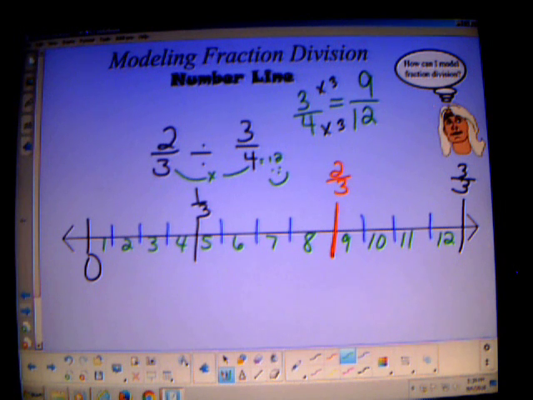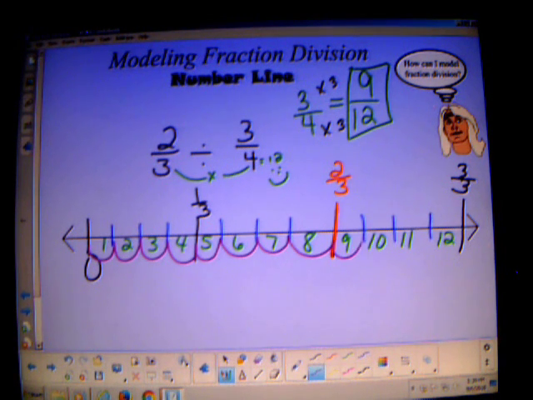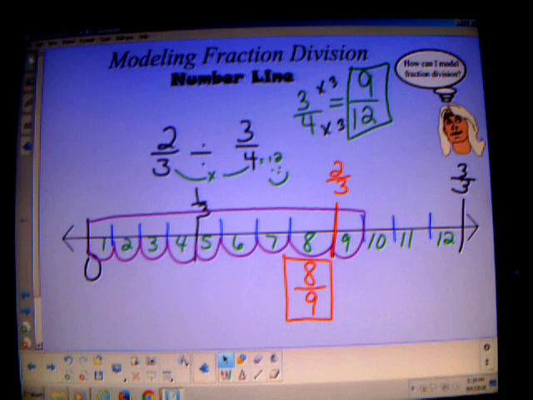My equivalent fraction is 9/12. So I need to put 9 in a group. I need to now count how many groups I have. I needed 9 in a group, but I only have 8. So I have 8 out of 9, making my answer 8/9.